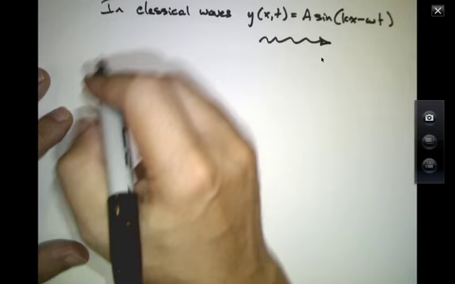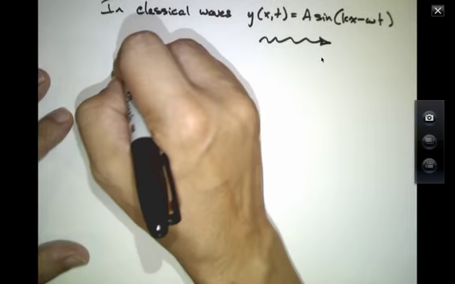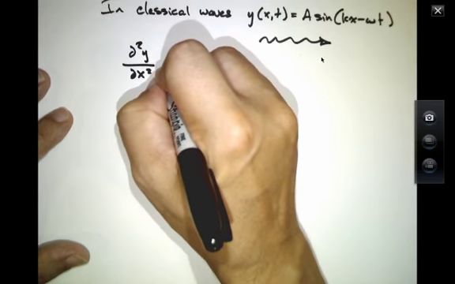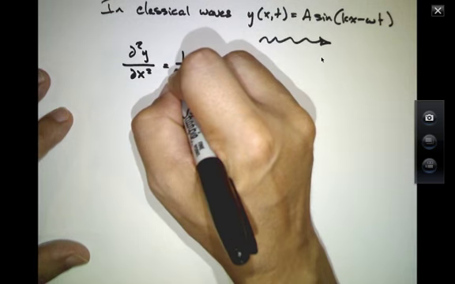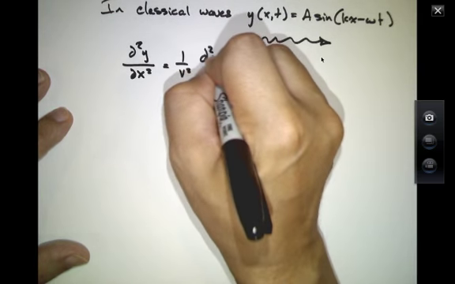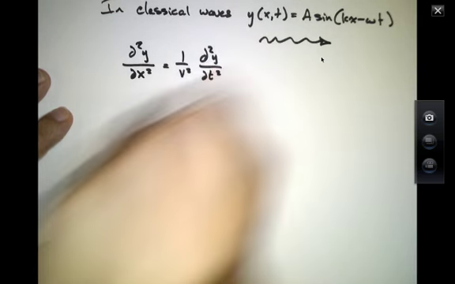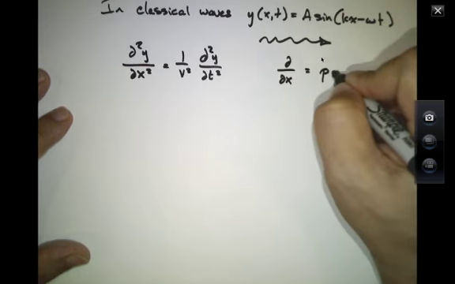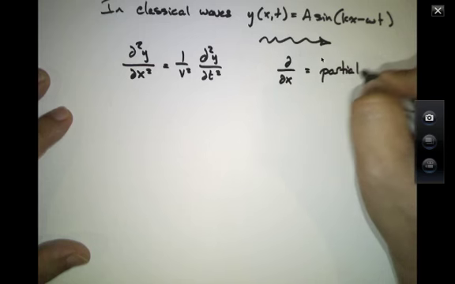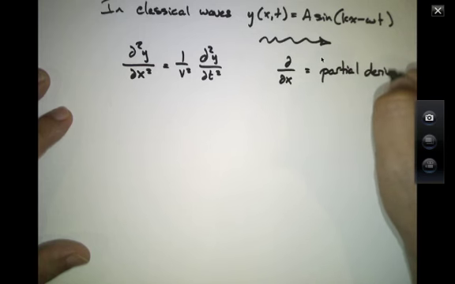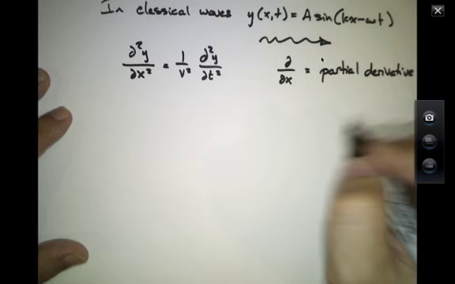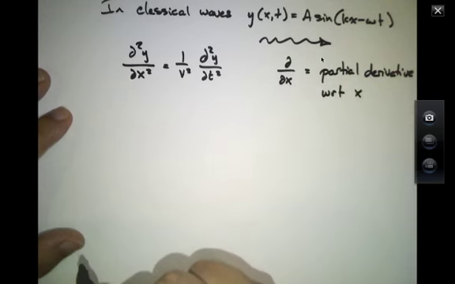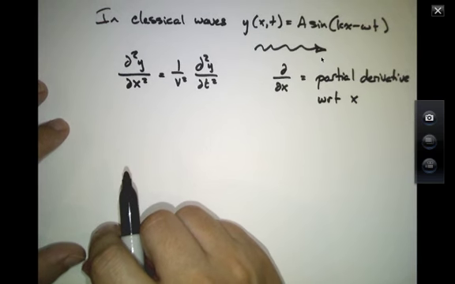And a wave equation that might correspond to this would be something like the following. Where these symbols represent the partial derivative with respect to x, so leaving everything else constant, like time.